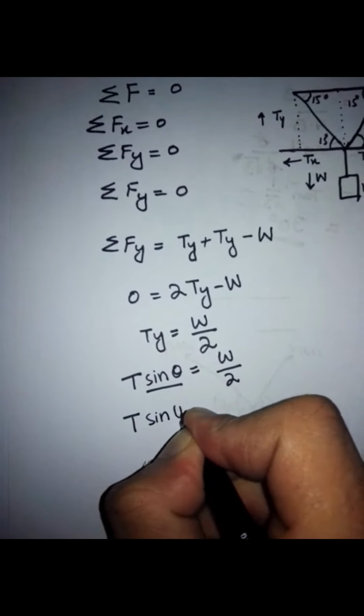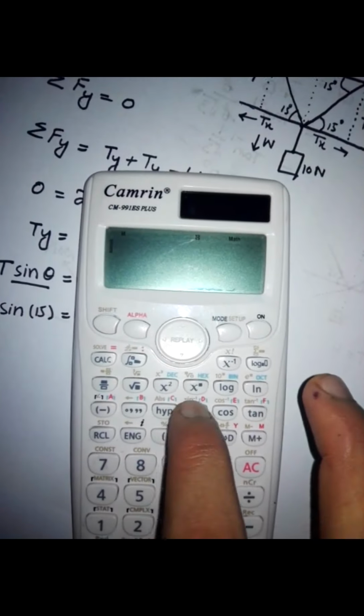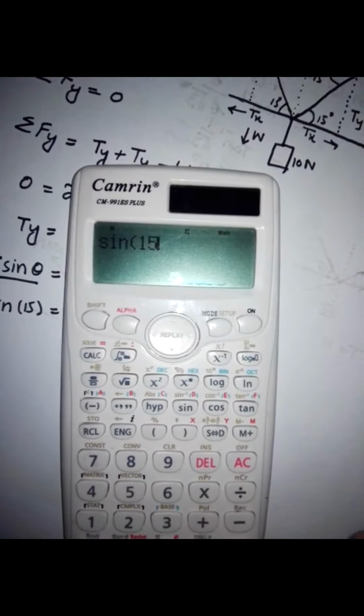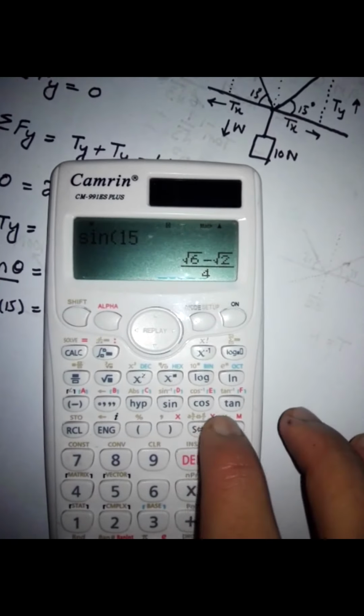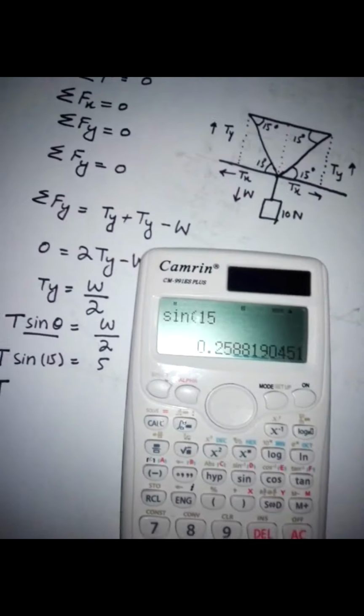So T into sine of 15 will be equal to W, which is 10 Newton, 10 divided by 2 equals 5. So T sine of 15 equals 5. Sine 15 equals 0.2588.